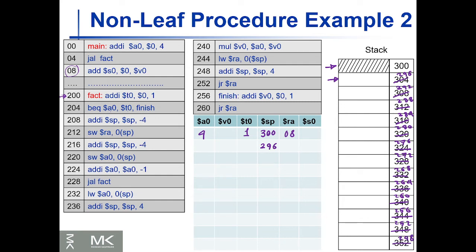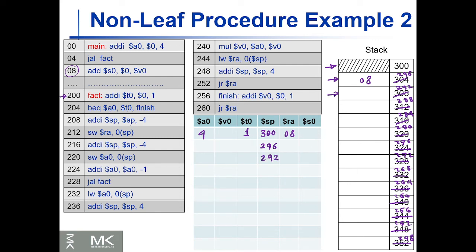Sorry for this, because of course the stack as we go down it decrements. Okay, no problem. So we're gonna store RA in the stack, so we're gonna store 08 here. Okay, and then we decrease the stack again, so 292.